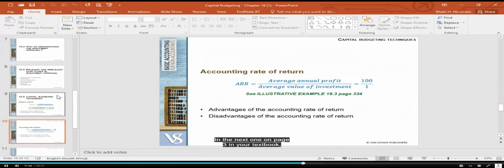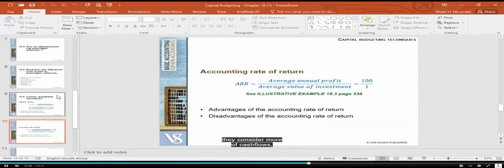It is the only appraisal method that uses accounting profits as opposed to cash flows. In other words, the other methods consider more of cash flows, but only accounting rate of return uses accounting profits.